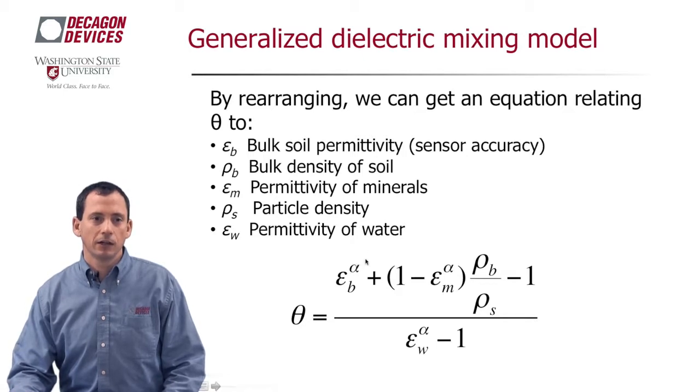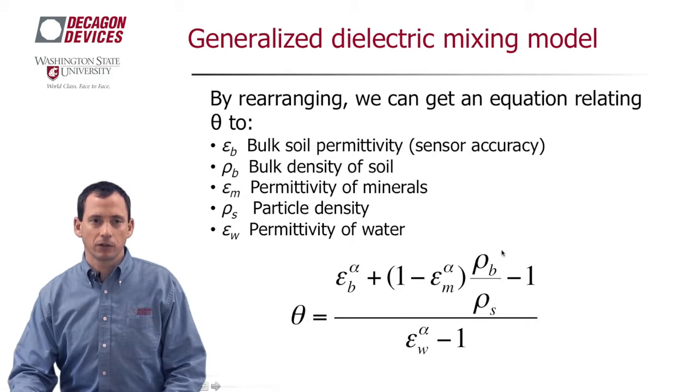You can vary the bulk permittivity. This is what the sensor measures, so we're going to vary bulk permittivity over the range of sensor measured dielectric permittivity and see what effects that has. We're going to look at the permittivity of the mineral fraction and see what that does to our measured water content. We've broken this term out into bulk density and particle density.